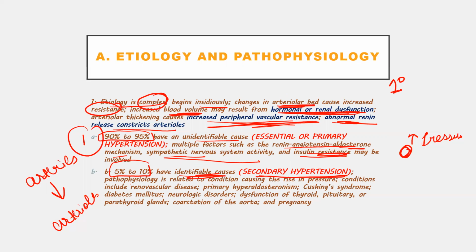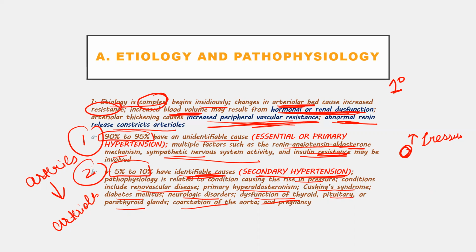So here, pathophysiology is related to the condition causing the rise in pressure. Conditions include renovascular disease, primary hyperaldosteronism, Cushing syndrome, diabetes mellitus, neurologic disorders, dysfunction of thyroid, pituitary, or parathyroid glands, coarctation of the aorta, and pregnancy. So we can see here the major difference between primary and secondary hypertension is that in secondary hypertension, the cause will be related to another condition.